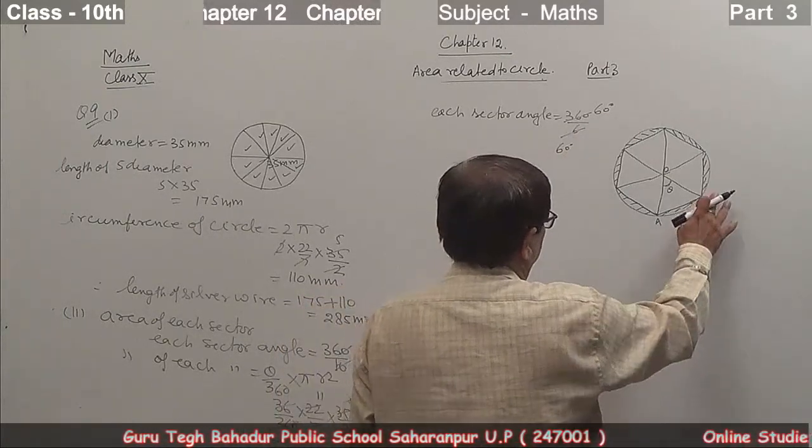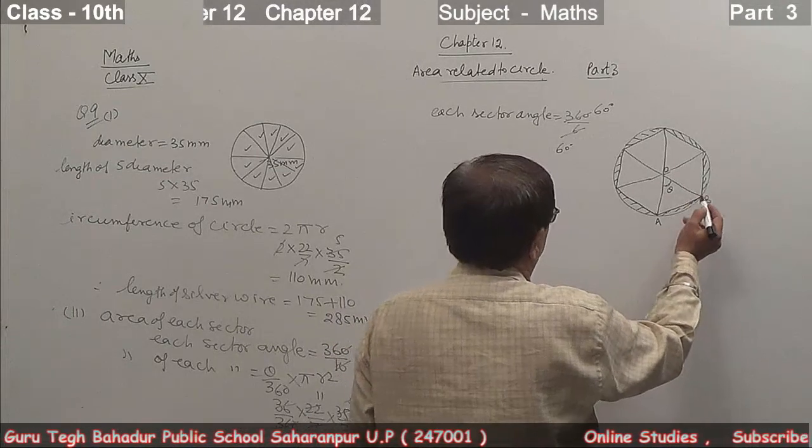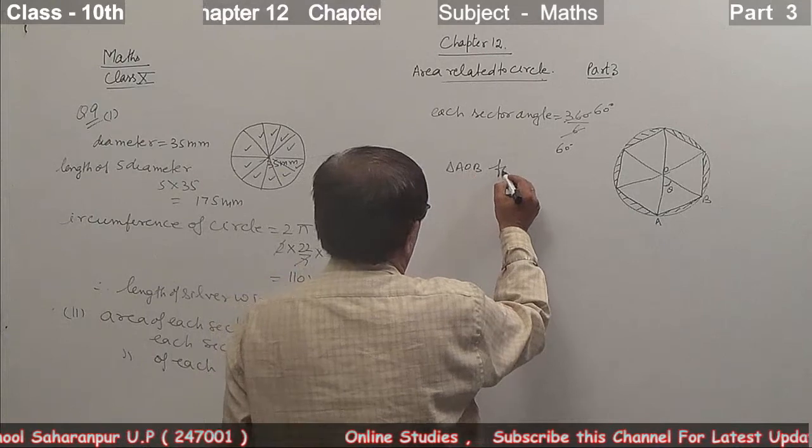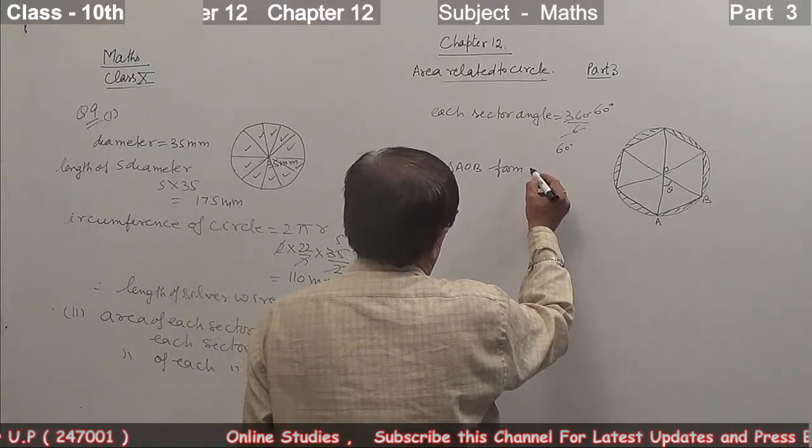This angle AOB, triangle AOB forms an equilateral triangle.